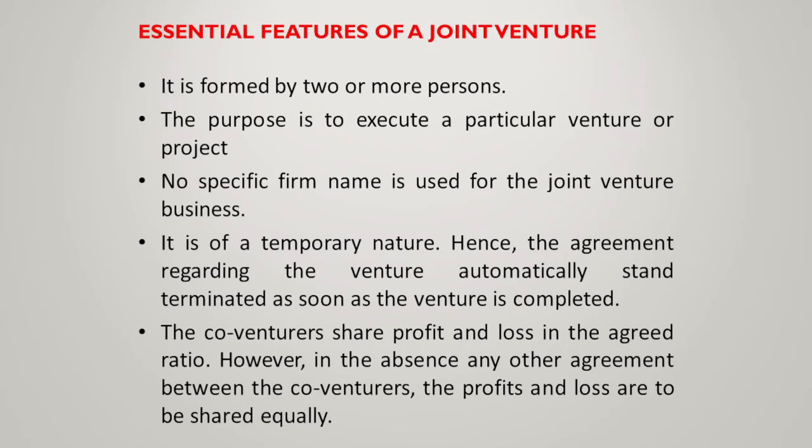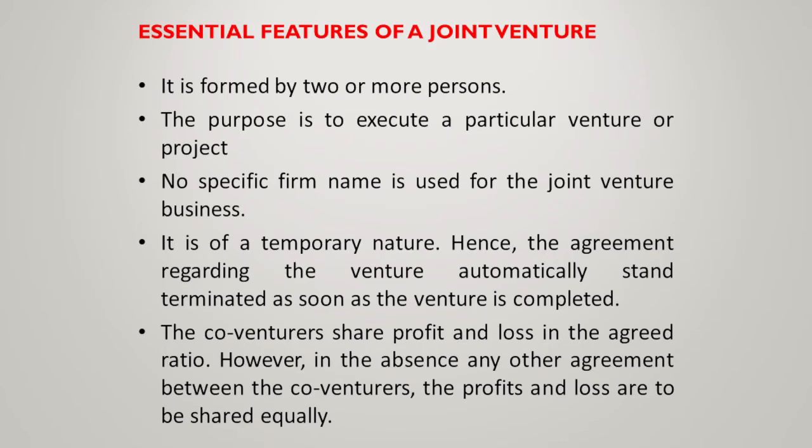So a name is not required. Today laying the road, tomorrow maybe real estate, and day after tomorrow maybe construction of building, and later maybe crackers business, whatever it may be. So a registered name is not required. If a registered name is there, then it will become a partnership, registered under the Partnership Act 1932.